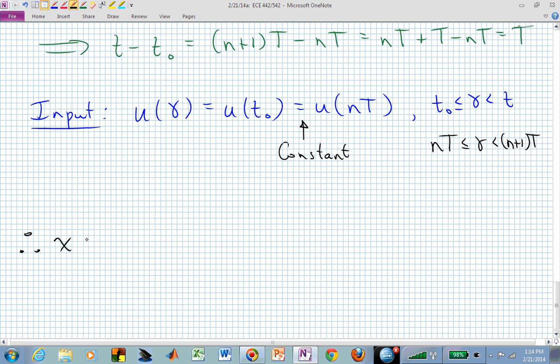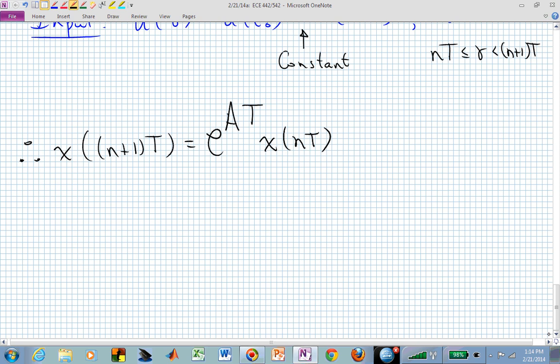We can now say that x at time t, little t, which is now defined to be the product of little n plus 1 times capital T, that's equal to e to the A, little t minus little t naught, which we just showed was equal to one sample period, capital T, times x of t naught, which is just x of little n capital T. That's the first piece that makes up our state vector at the next time instant.